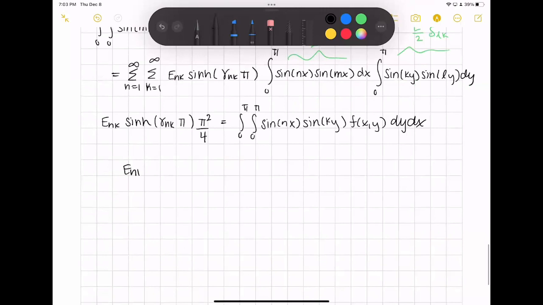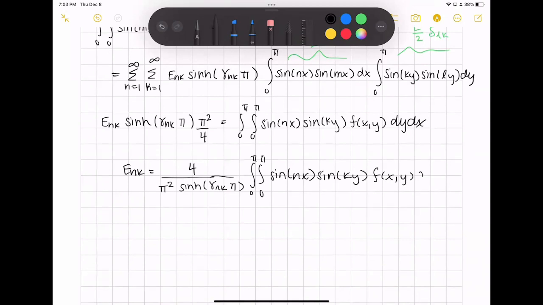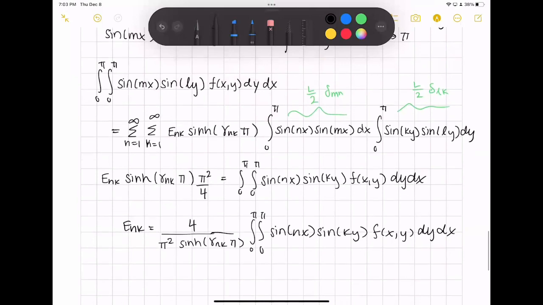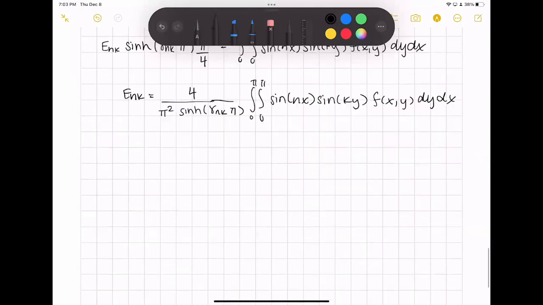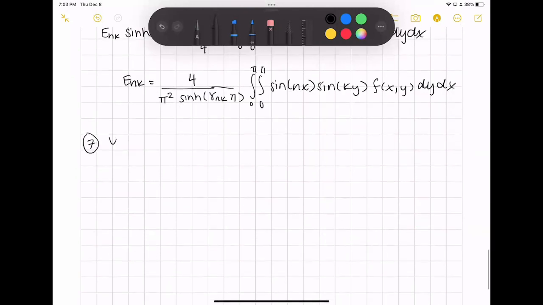So our E_nk is just going to be equal to, if we bring everything to the other side, times the double integral, and we can't simplify this any further. So if we just plug that back into our phi function, we can get the final answer.